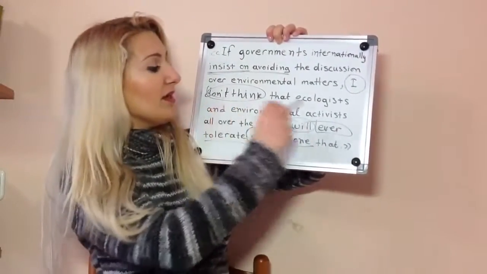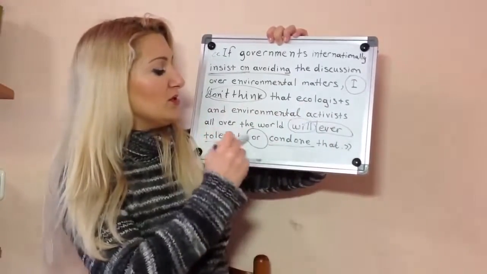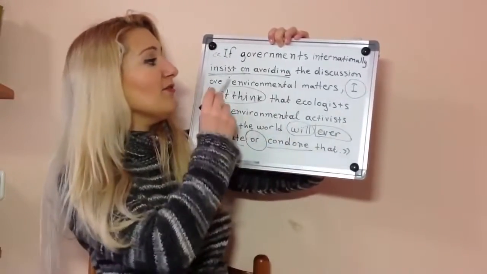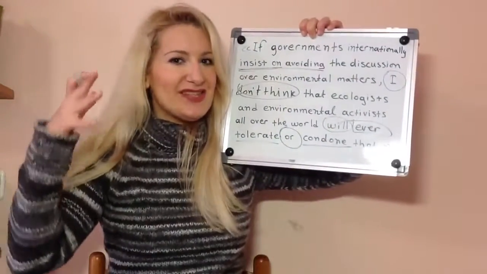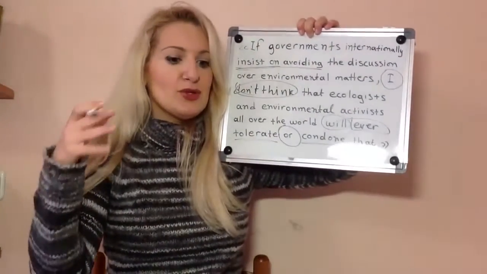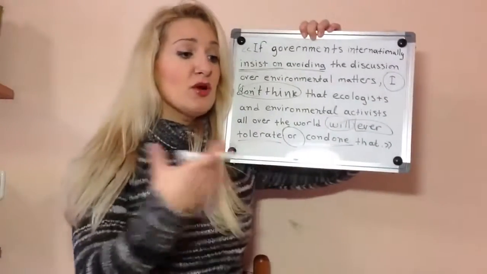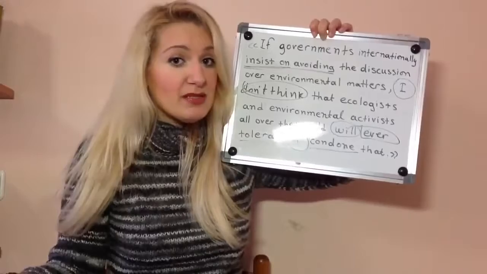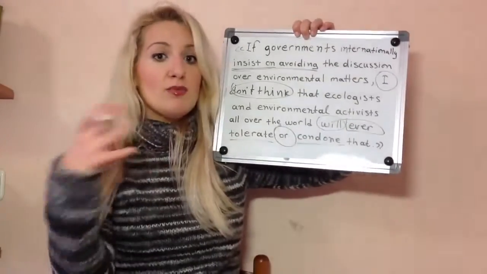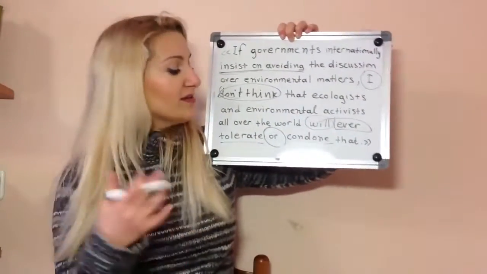I don't think that ecologists will ever do that or that if governments insist on something. So the syntax itself guides us through to believe that tolerate or condone probably means something like will ever accept something like that. More or less, the meaning will be something like that.